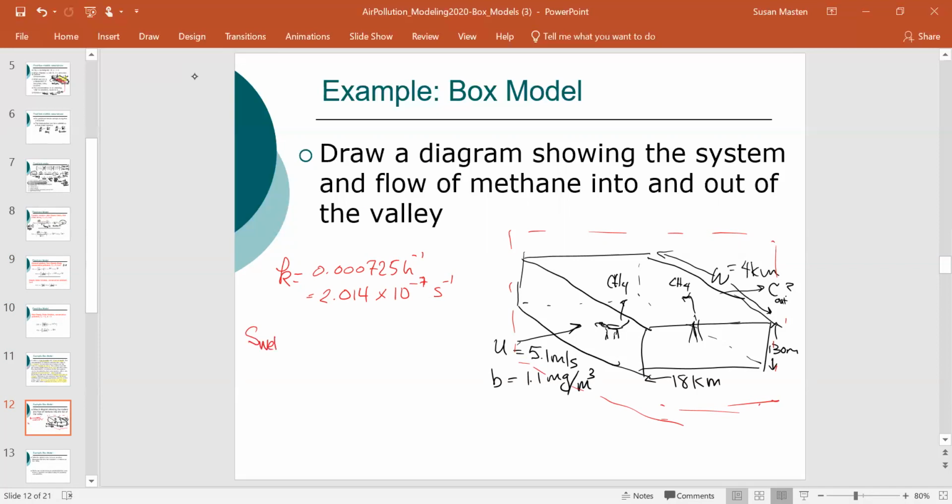S well is 1,420 wells, each emitting 2.5 grams per second. So we have 3,550 grams per second being emitted.